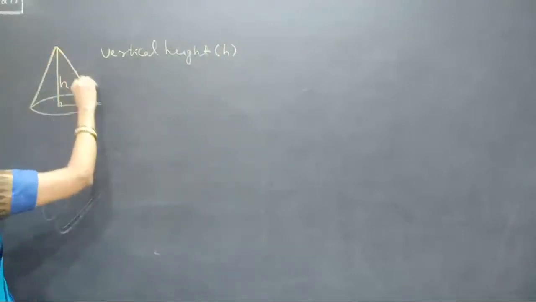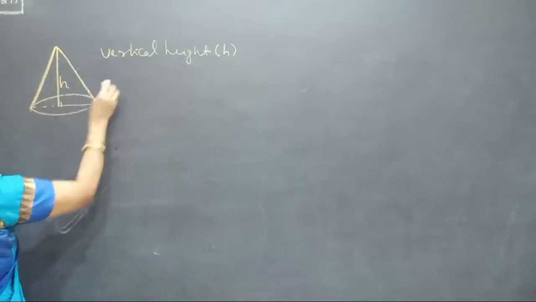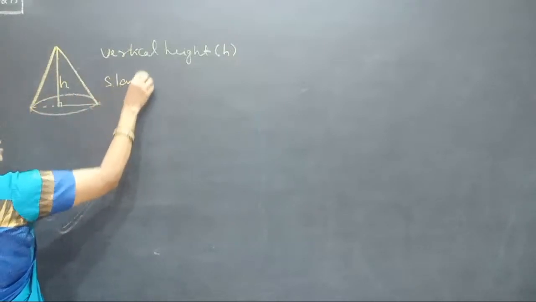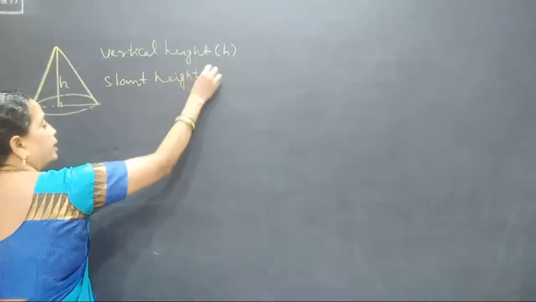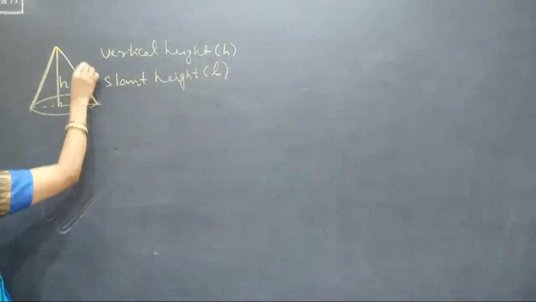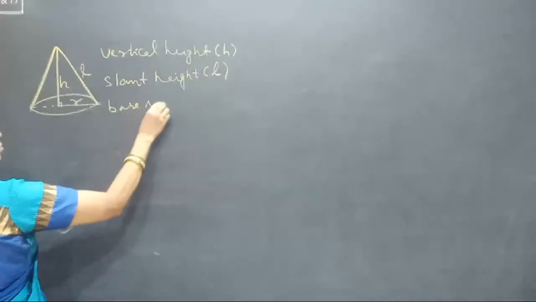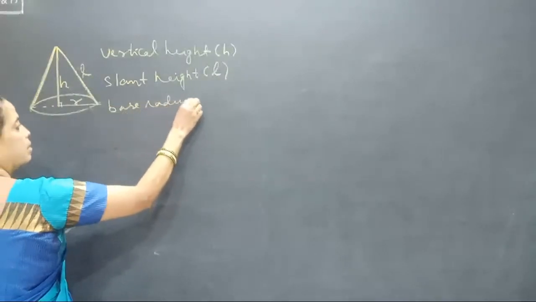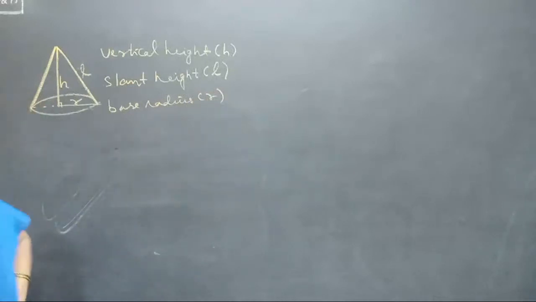And this portion, the curved surface part of the line, we call it slant height. Get the figure and write the details. Slant height, and this is the base radius. Vertical height h, slant height l, base radius r.